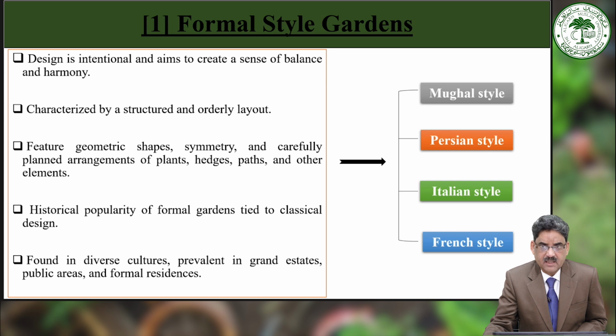Their formality imparts a feeling of elegance and timeless beauty. We will elaborate on four different styles of formal gardens, that is Mughal style garden, Persian style garden, Italian style garden, and French style gardens.